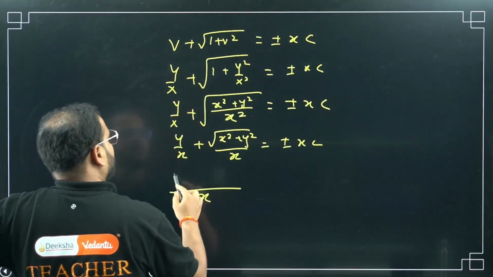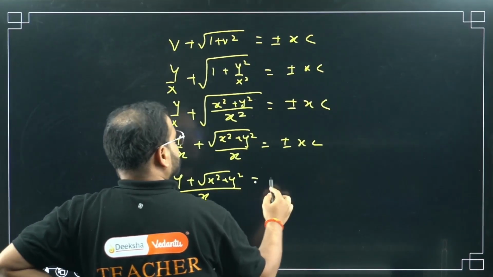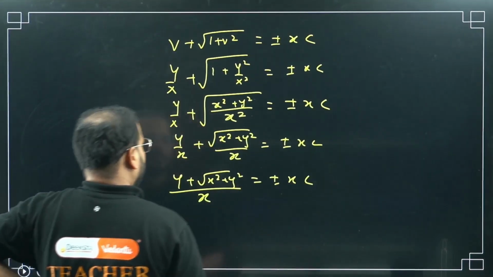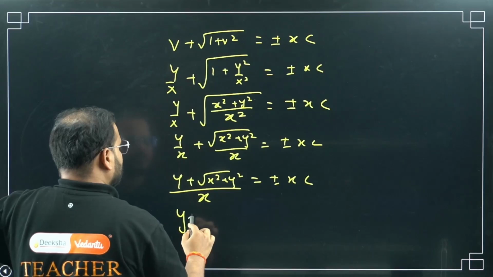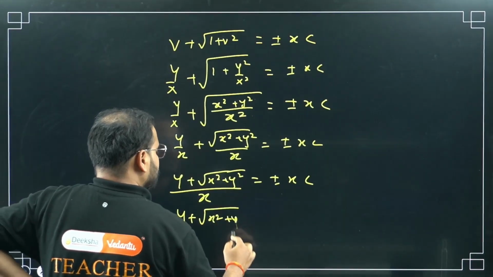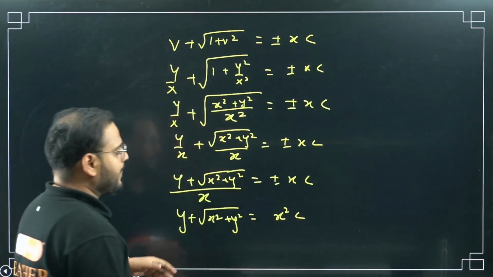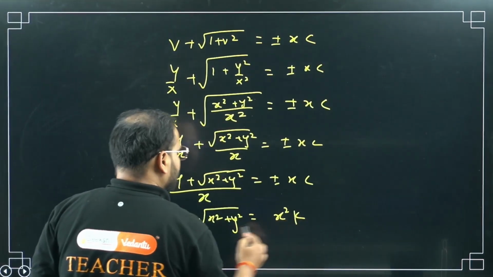Take the LCM. Y plus root x square plus y square equals to plus minus x square c. Or I can write a constant k and ignore the plus minus sign as well.